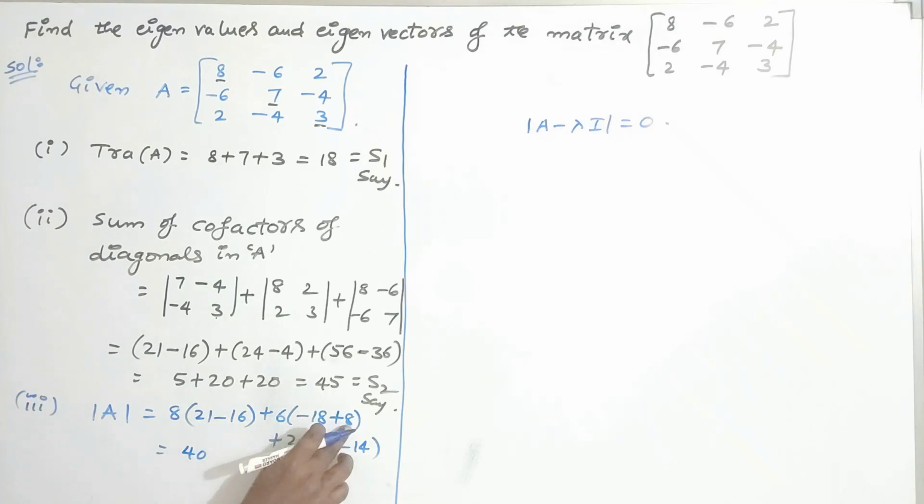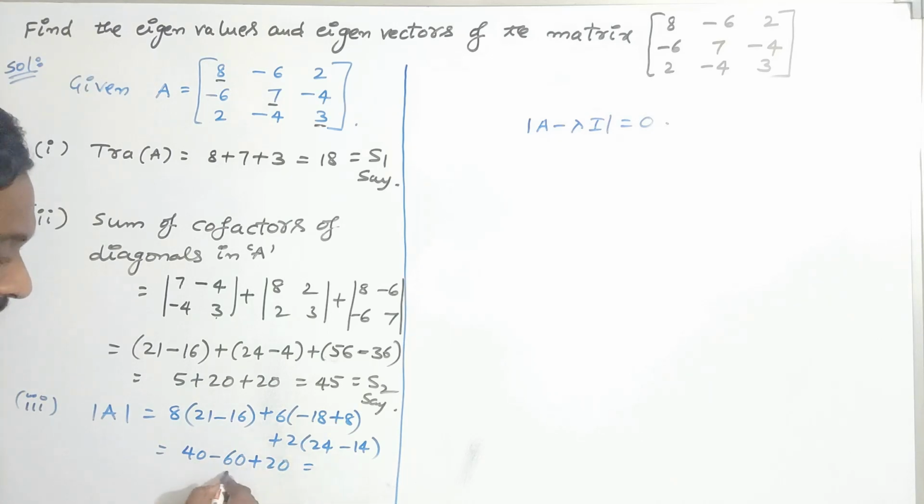Next, minus 18 plus 8, minus 10 into 6, minus 60, and finally 24 minus 14, 10 times of 2 is 20. So 40 plus 20, 60 minus 60, it would be 0. So determinant of the given matrix is 0. You can say this is S3.